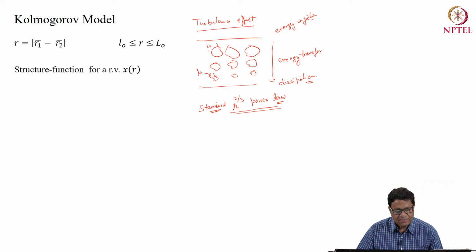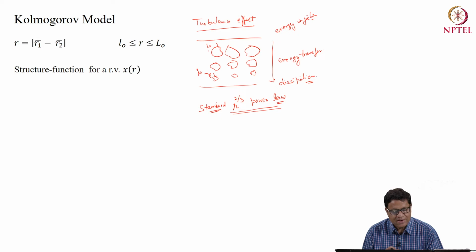Now let us define a structure function, because ultimately we are modeling the turbulence effect in the atmosphere. The temperature is changing, the refractive index in the atmosphere is changing, or is different at different places, and velocity is different at different places.